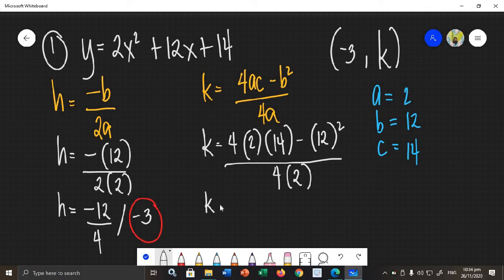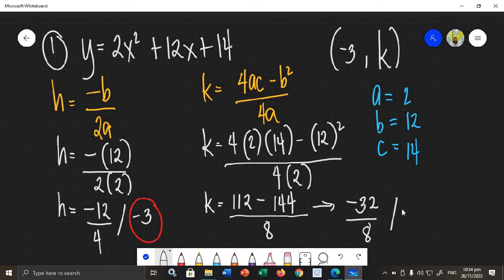And then we have K is equal to 4 times 2 times 14, that is equal to 112, minus 12 squared, that is 144, all over 4 times 2, that is 8. And then 112 minus 144, the answer is negative 32 over 8. Negative 32 over 8 can be simply written as negative 4. So that is the value of your K.